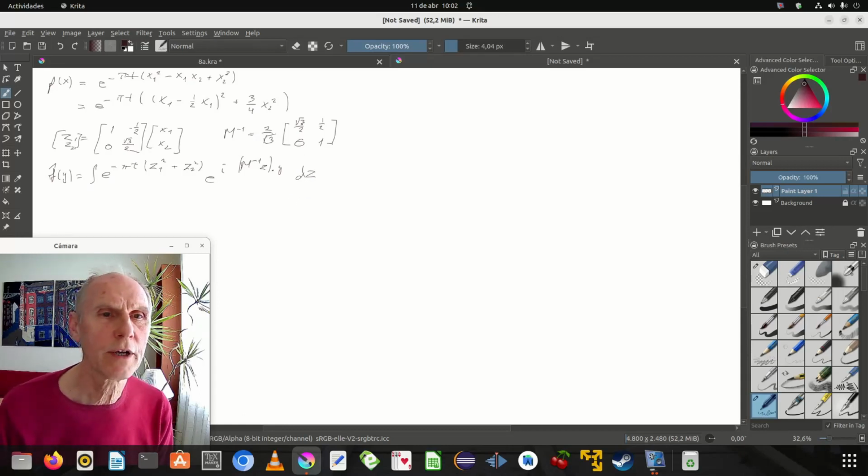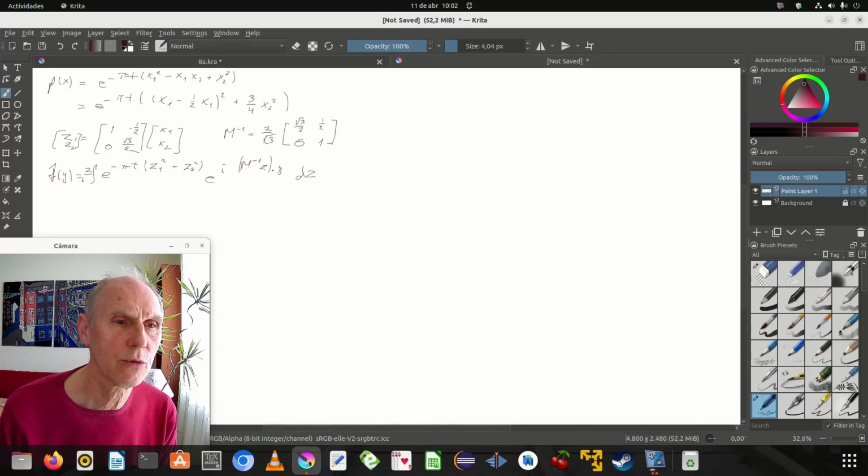Actually we are integrating over x, so when we integrate over z instead, we need to multiply by 2 divided by square root 3.